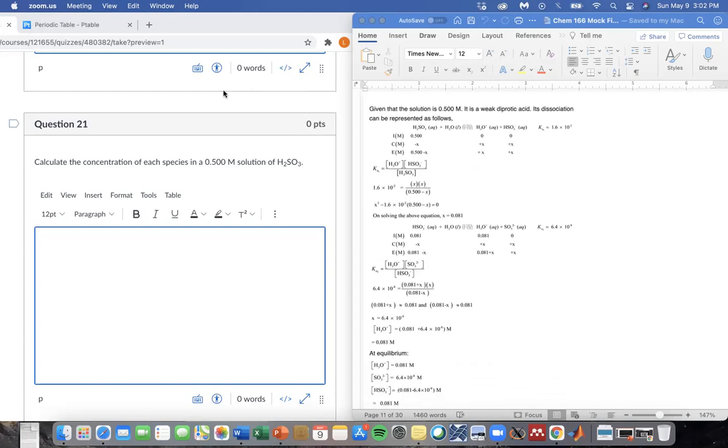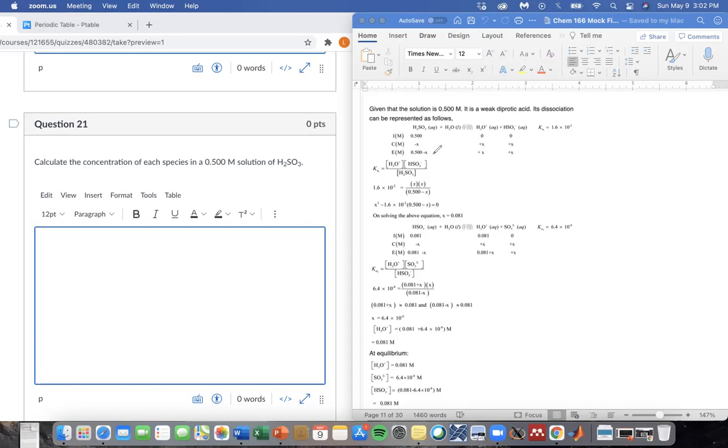Okay, so first, H2SO3 is a weak acid, so it would only produce 0.005 of this, and then we go minus x, and then you'd have plus x on either side here.